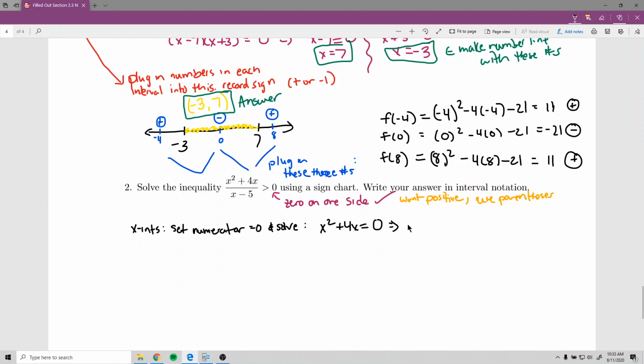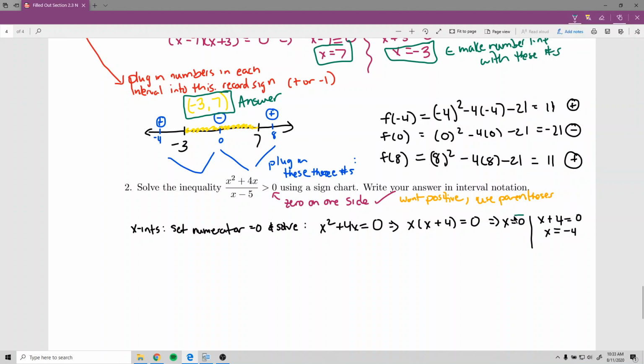Well, we can factor the x out. So we got x times (x plus 4) equals 0. And then set each factor to 0. We get x equals 0 and x plus 4 equals 0. And now this one's already solved for us, we got 0. The other one on the right, subtract 4, we get x equals -4.